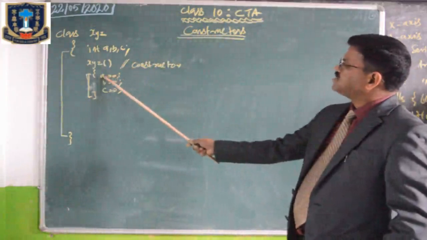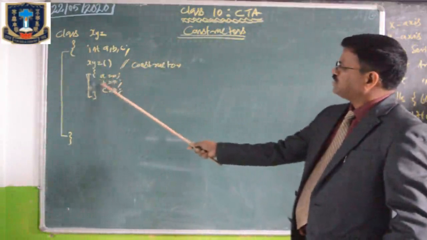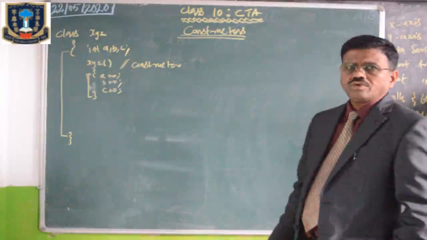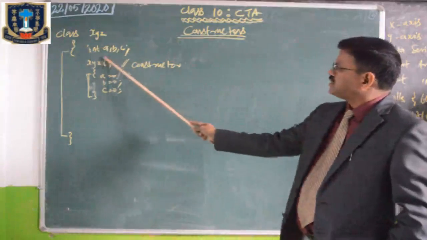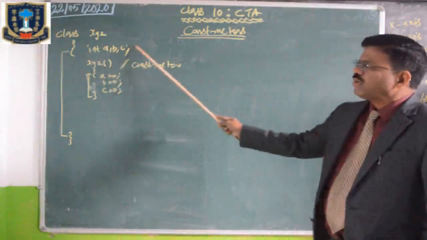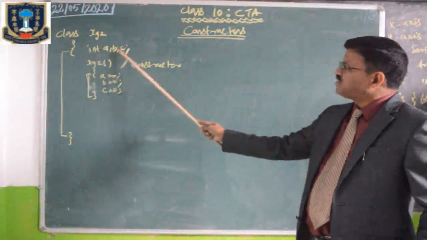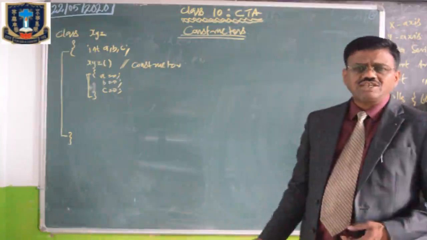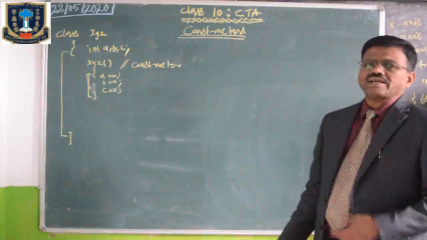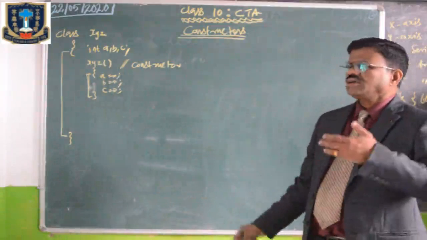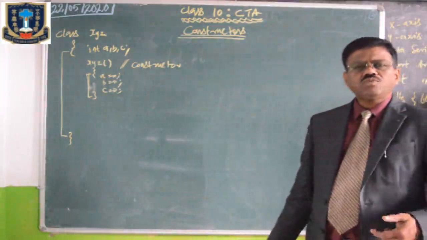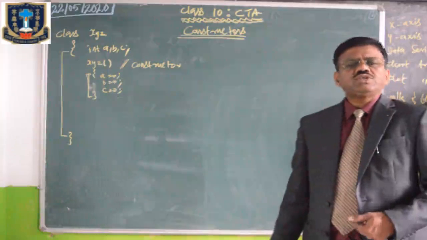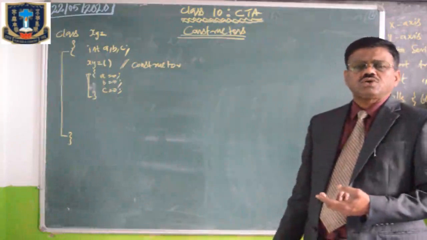To give the legal initial value: A value 0, B value 0, C value 0. These are all the data members I use. If it is a string, the string would be a null string. If it is a character, it's a null character. If it is an integer, it will be 0. If it is float, it will be 0.0. If it is double, it will be 0.0.